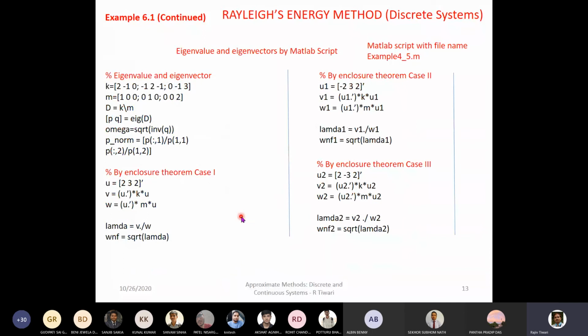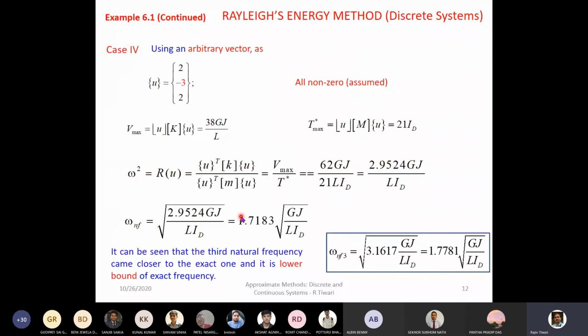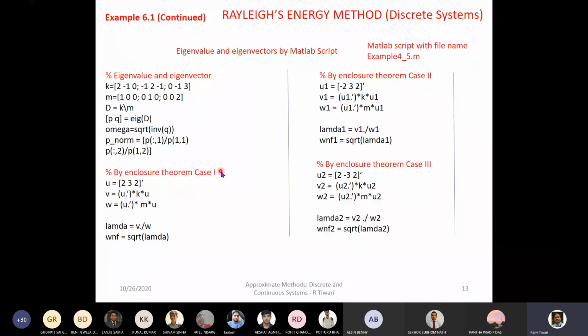Here you must have observed that repetitive multiplications are there. So the best approach is to have a small code like this in MATLAB or Scilab, where we define the K matrix and then the mass matrix. Here, in fact, I solved the eigenvalue problem completely. Then I have used the Rayleigh quotient and other things.